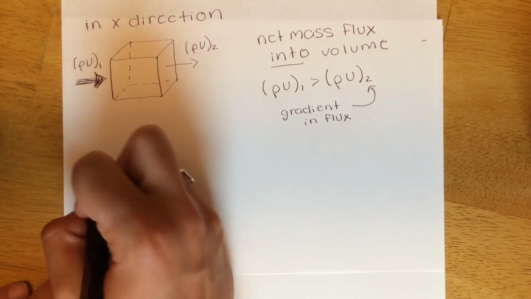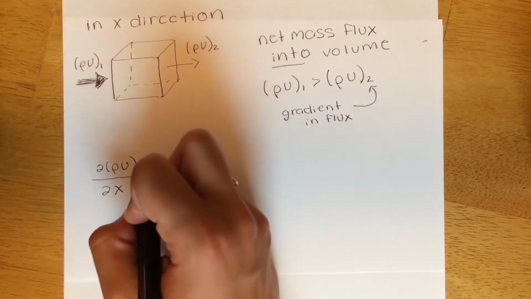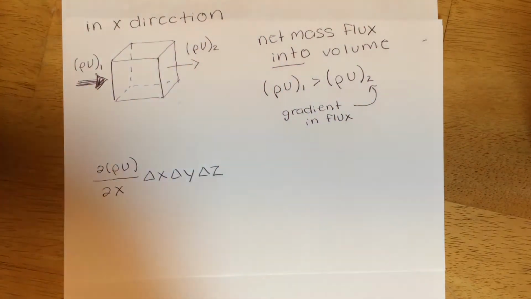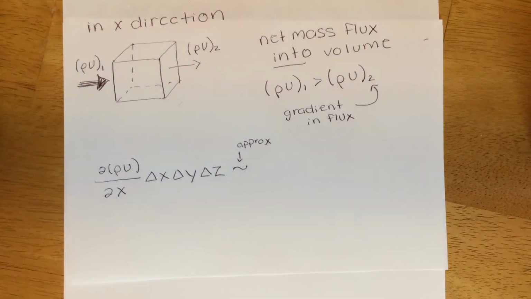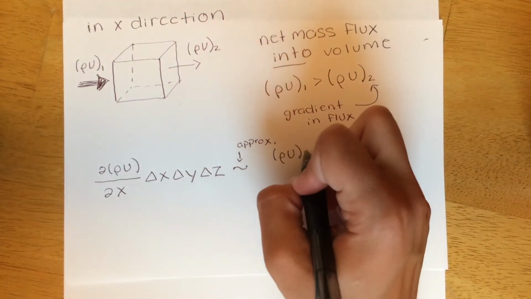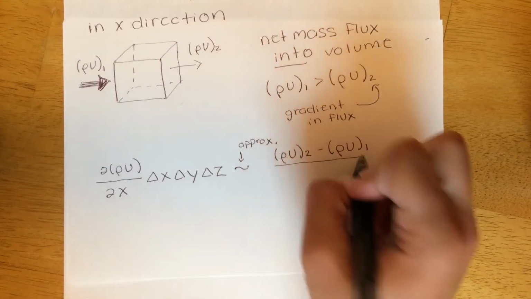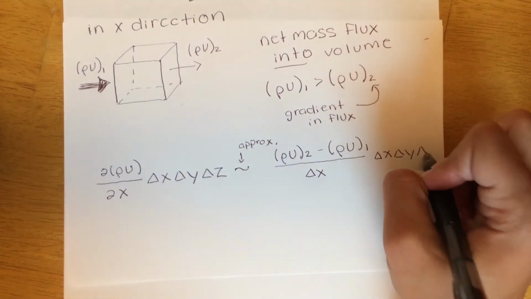This gradient can be expressed as the change in mass flux density in the x direction, or the partial derivative of flux density with respect to x, multiplied by the volume, and it can be approximated by subtracting the flux into the volume from the flux out of the volume and dividing by the length over which this change happens, or delta x.